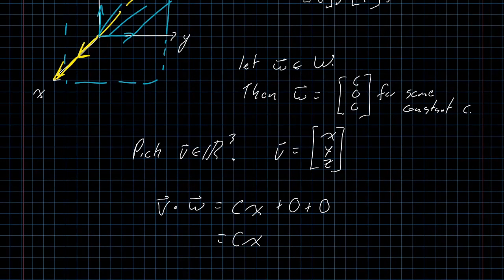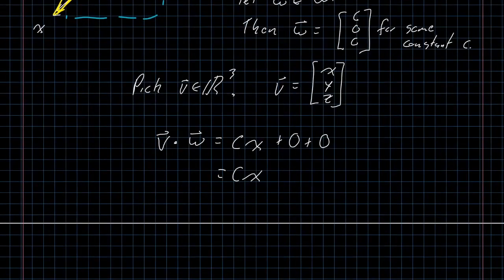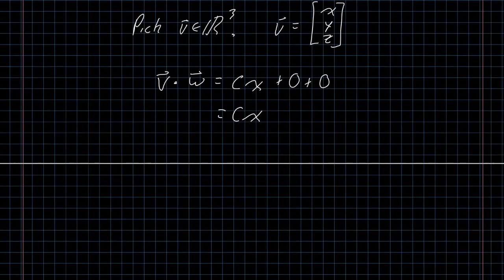In order for my vector v to be in the orthogonal complement of W, that means that v dot w must be equal to 0, which means that c times x is equal to 0.